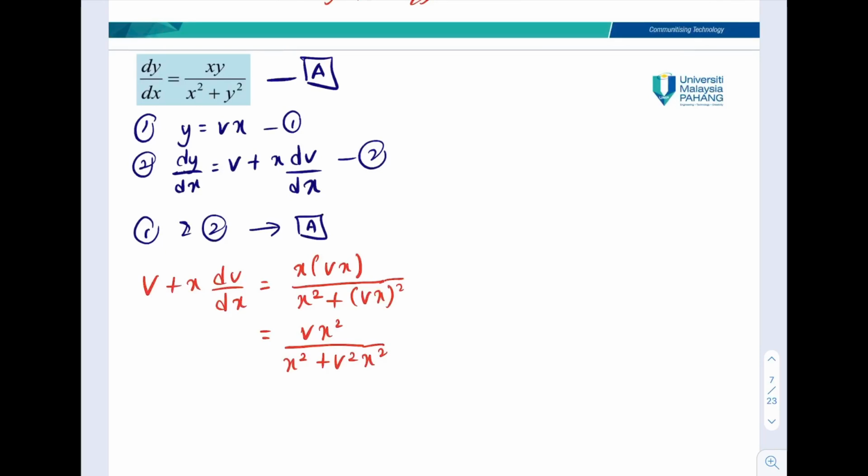If you notice, they are sharing x squared for all the terms, so we factorize out this one, v(1 plus v squared). Obviously we can cut the x squared.